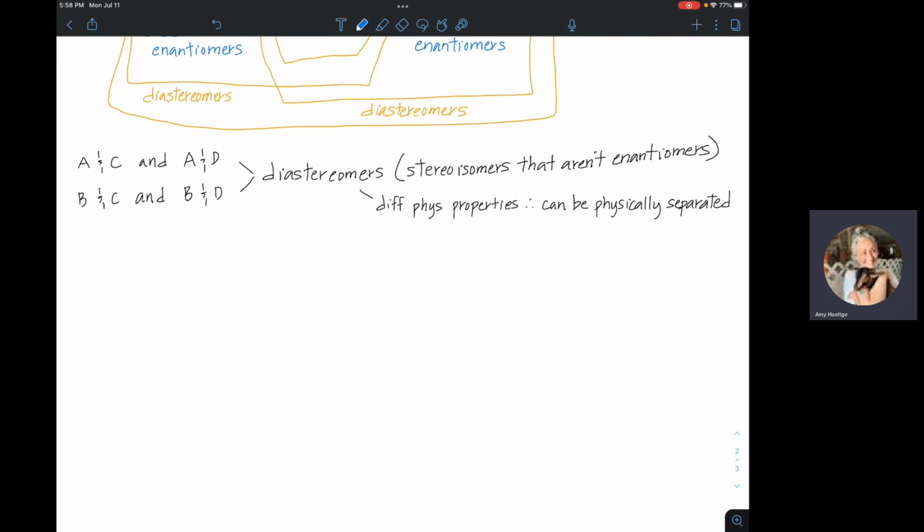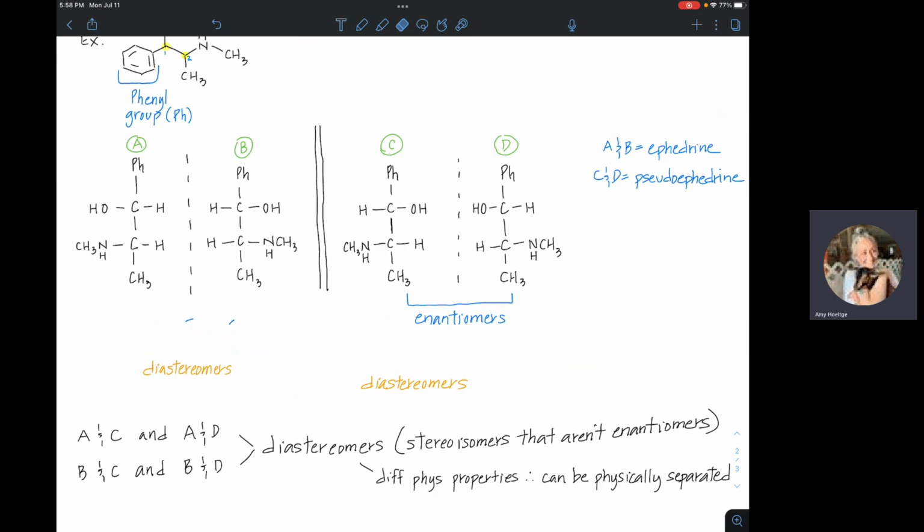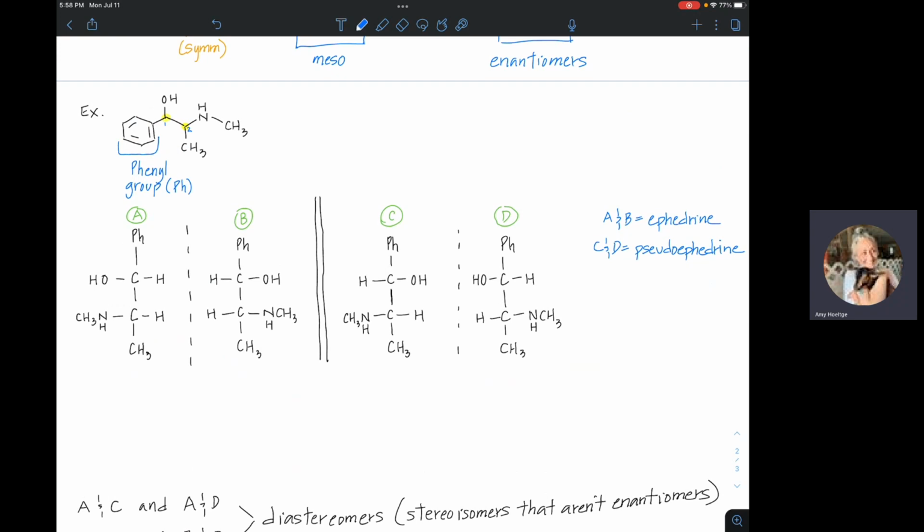So how do you assign configuration to these? So why are we drawing these Fischer projections in the first place? Let me erase some of these confusing lines. So we have these already labeled down the bottom, and we're going to assign configuration using our Fischer projections. So remember, you have 2 asymmetric carbons on each molecule.